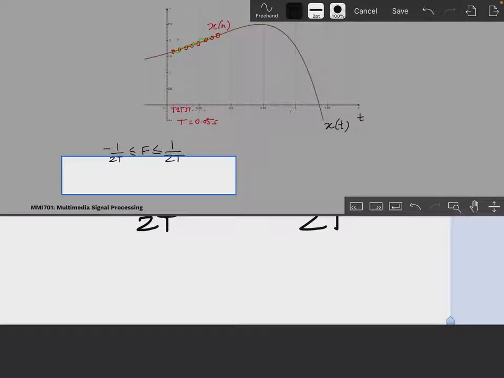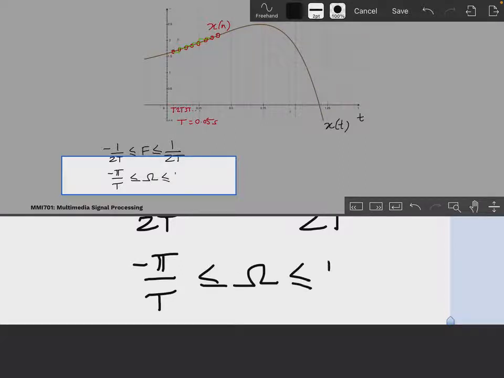And remember that omega, or capital omega, the radial frequency, is 2 pi f, which means that value is between -pi/T and pi/T.